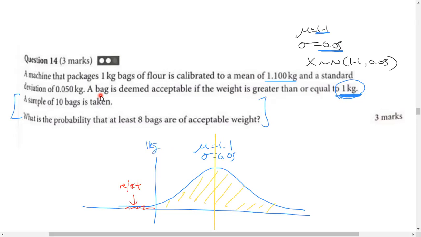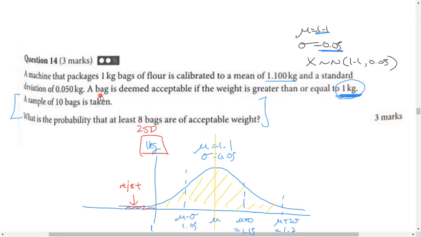The reason for that is because for 1 kilogram, you want to think of how many standard deviations that is. So if this is your mu, one standard deviation above is going to be 1.15. Two standard deviations is going to be 1.2. And one standard deviation below is going to be 1.05. And two standard deviations below is going to be, well, 1. So your 1 kilogram over here is 2 standard deviations below.